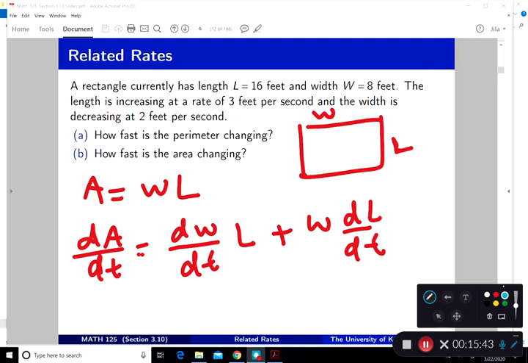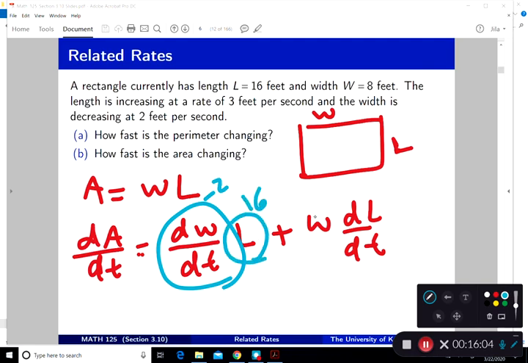Now, we figured out dW: the width is decreasing at rate 2, so this is negative 2, and the length is equal to 16, and the width at that instant is equal to 8, and L is increasing at the rate 3.